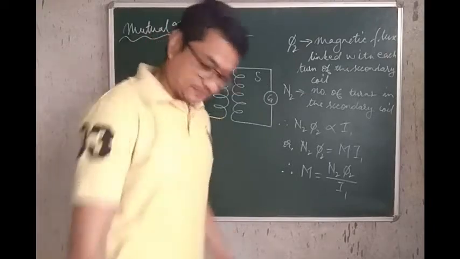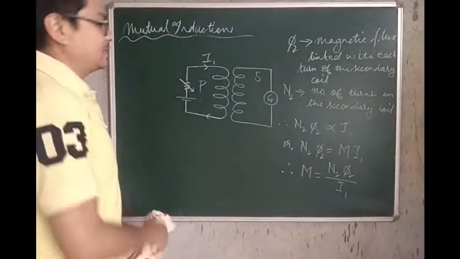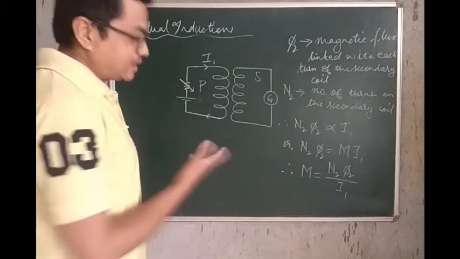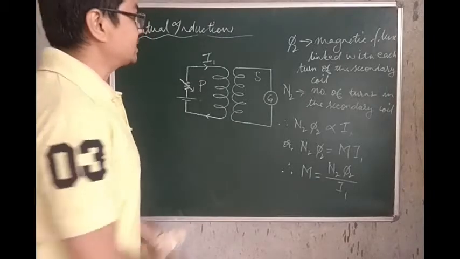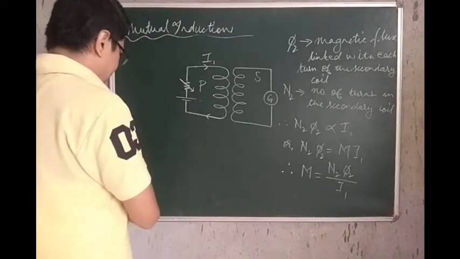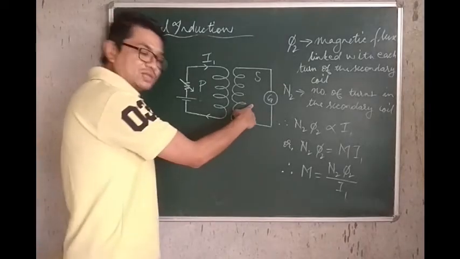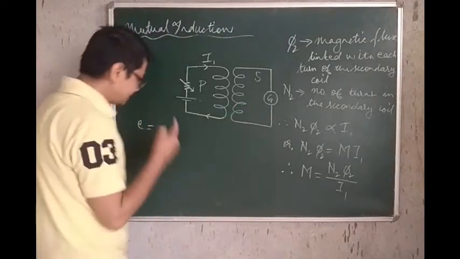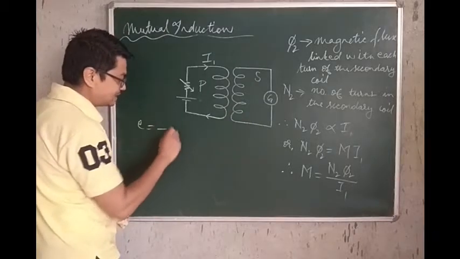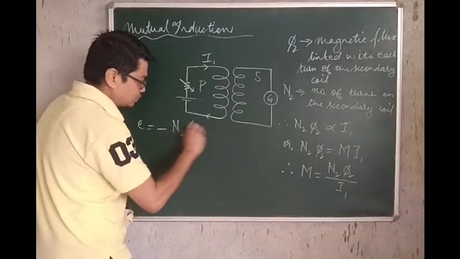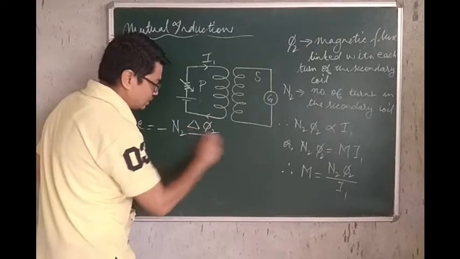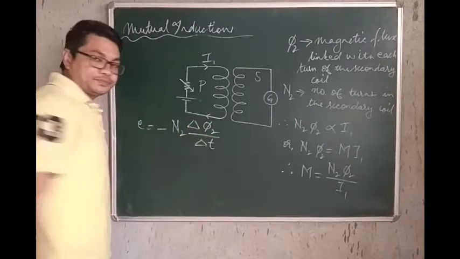And again, like self-inductance, we have another definition for mutual inductance as well, which we get from here. If E be the induced EMF in the secondary coil, then E can be written as minus N2 delta phi2 divided by delta t.